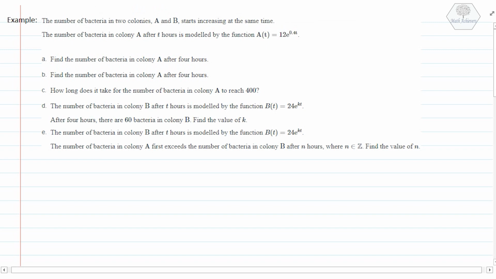We have the number of bacteria in 2 colonies, A and B, starts increasing at the same time. The number of bacteria in colony A after t hours is modeled by the function A of t, where t is hours, equal to 12 times e to the power of 0.4t.